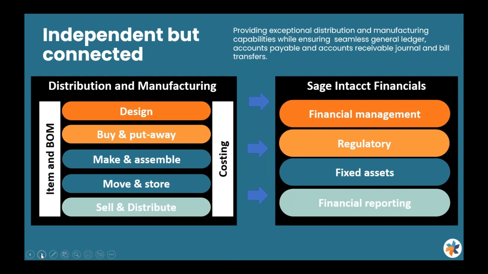But you'll see with Sage Intacct directly, we've got financial management, regulatory, fixed assets, and financial reporting. So it allows for, as I always say, the distribution and manufacturing guys to do their thing without being married to the accounting software. And SDMO really fills that solution quite nicely. Next slide.